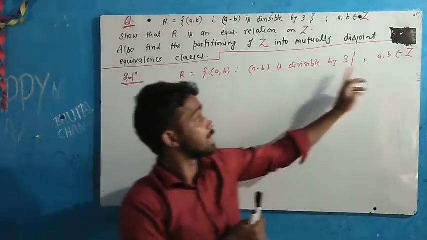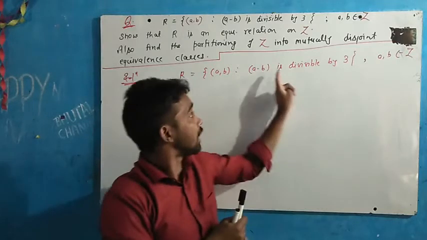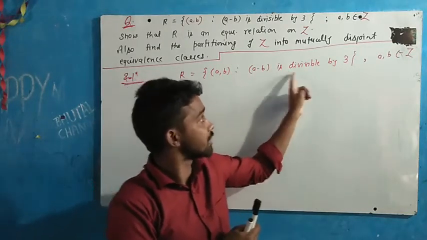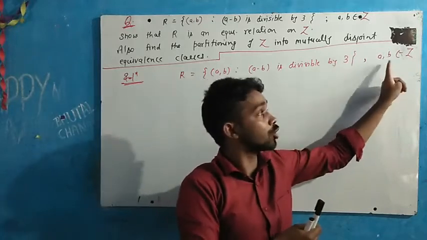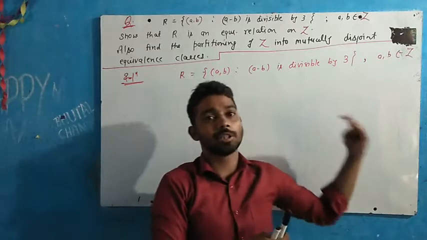For example, suppose I have taken 12 and 6. What is the difference? 12 minus 6 gives 6, and of course 6 is divisible by 3. It means (12, 6) must lie in relation R. Like that we can take infinite examples.